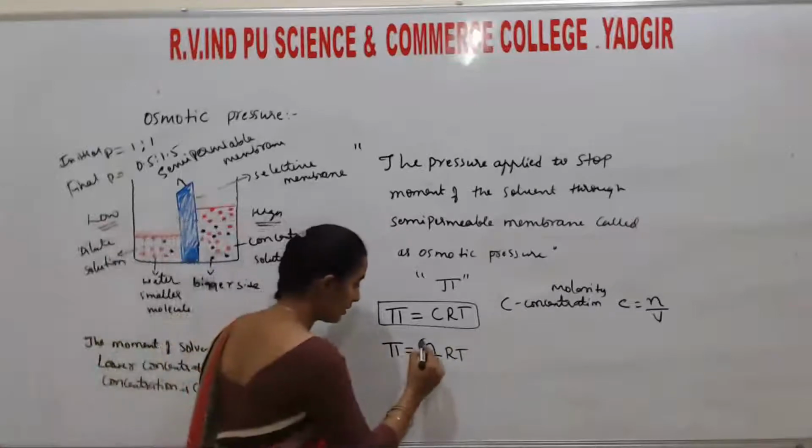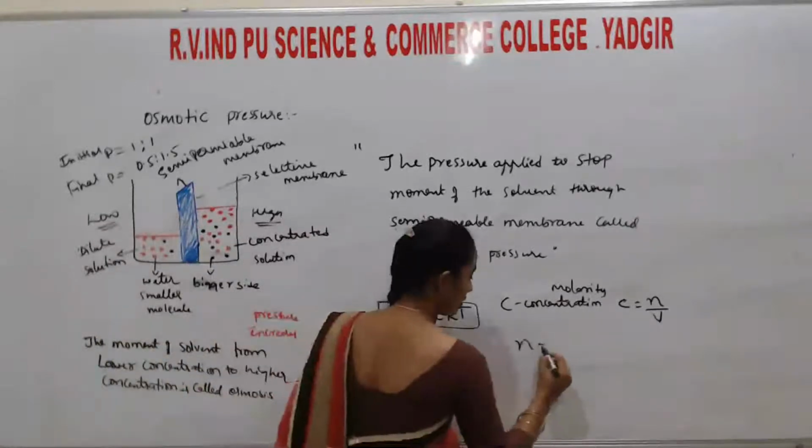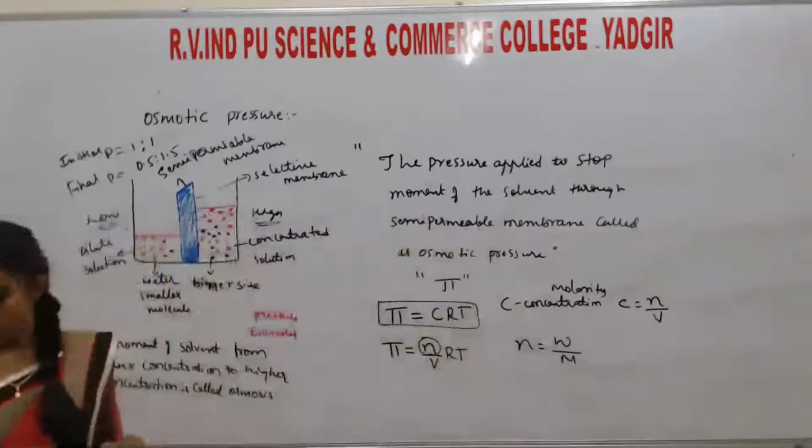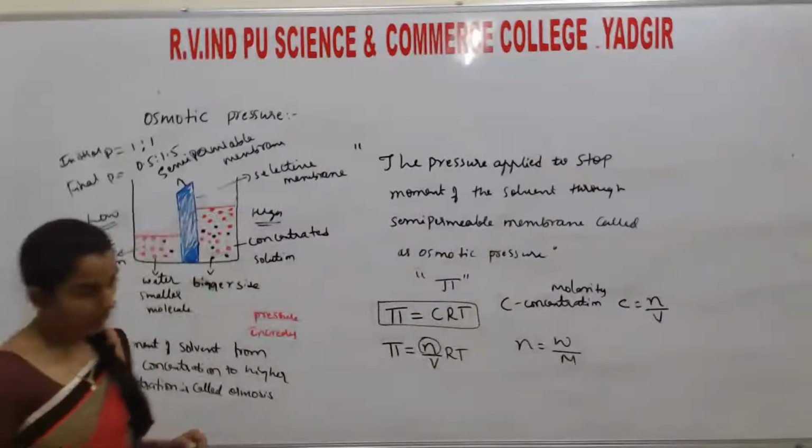So what is this n? n means the weight given divided by molecular mass. Weight of a substance divided by molecular mass.